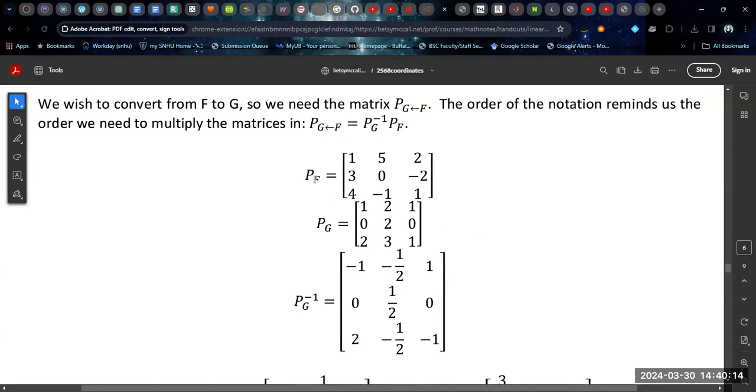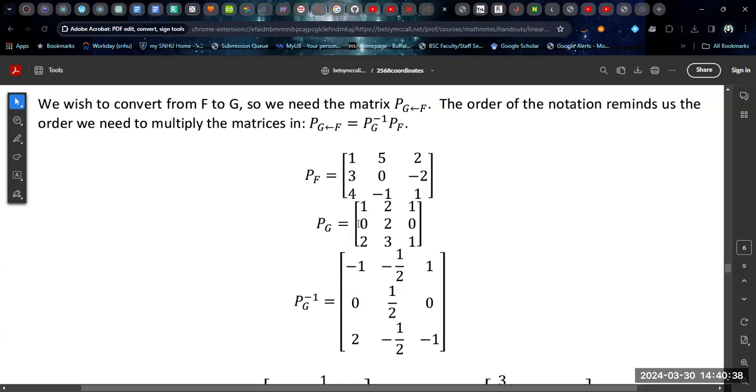So we're going to need to construct our PF and PG matrices. So again, the non-inverted version is just the vectors of the basis in the matrix as is. Now, in order to construct the F goes to G matrix, I'm going to need to find the inverse of the G matrix.